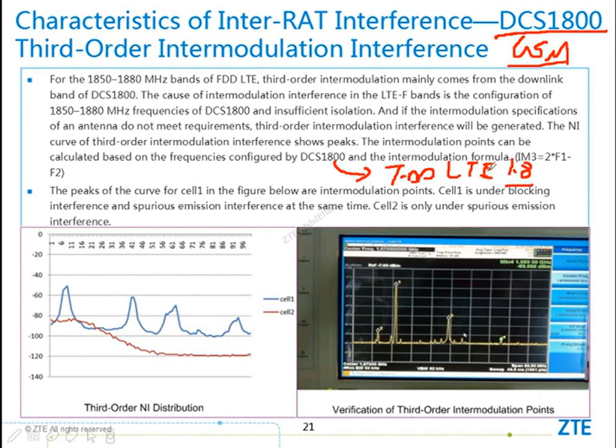Of course, these two systems use different frequencies, but DCS 1.8 may have an intermodulation effect. This effect is third order, which is 2F1 minus F2. This point may fall in our band, and you can see this interference.